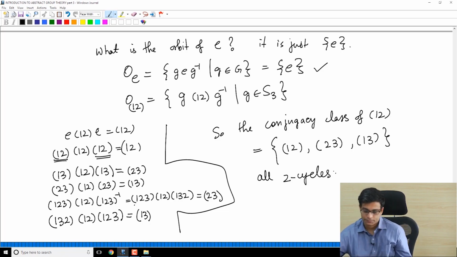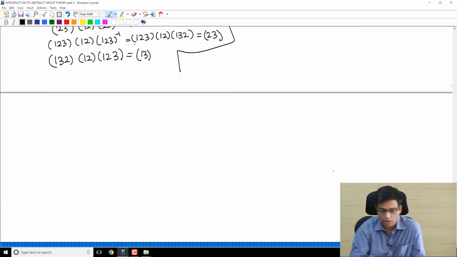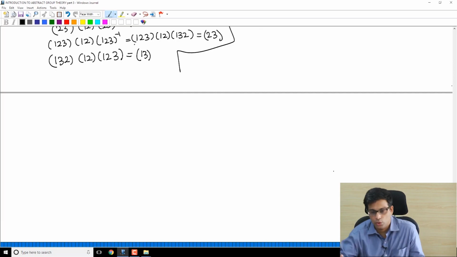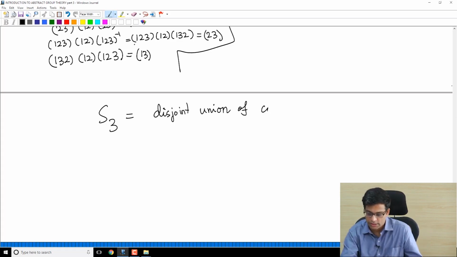Now recall the splitting of S as a union of disjoint orbits. So S3, remember, must be a disjoint union of conjugacy classes.